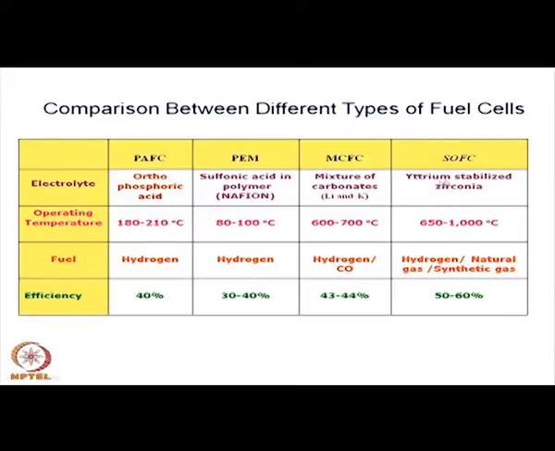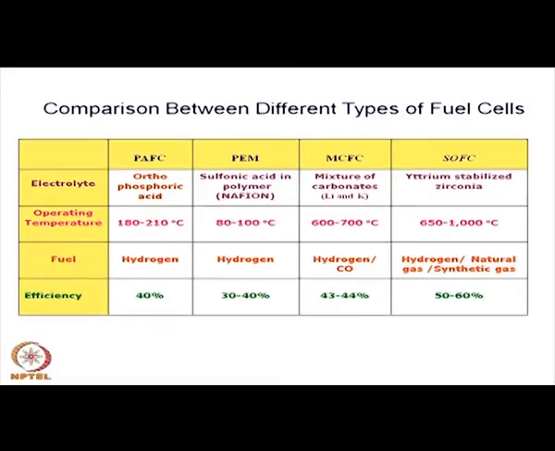The carbonate ion is the species which is conducting. And for the solid oxide fuel cell, one can use calcium oxide no doubt, but as we have seen earlier, yttrium stabilized zirconia has a much higher ionic conductivity compared to calcium stabilized zirconia.